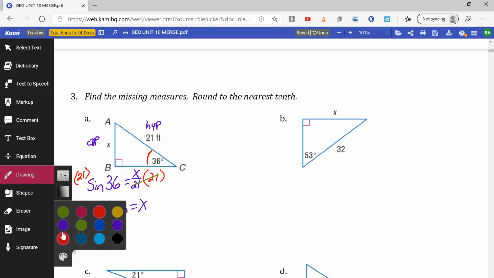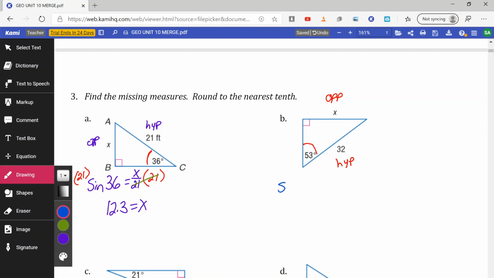Here we have in letter B an angle measurement of 53. We have x, which is opposite, it's across from it, and then 32 is across from the right angle, so there's our hypotenuse. So again, the trig ratio we're dealing with, opposite over hypotenuse, would be sine. So we have the sine of our angle measure, 53, is equal to x over 32. And again, I'm going to solve the same way. I'm dividing by 32.